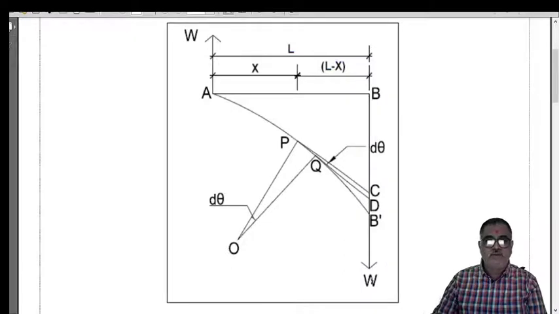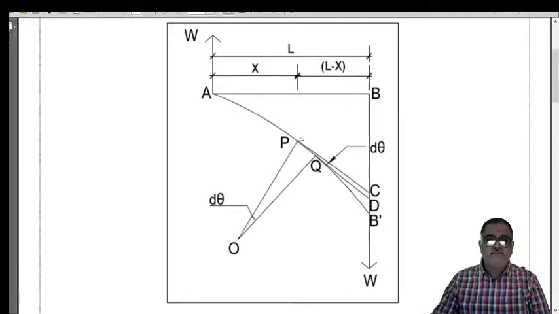Therefore this cantilever, having this neutral axis, is depressed and takes the form AB dash, and this depression is through the angle d theta.